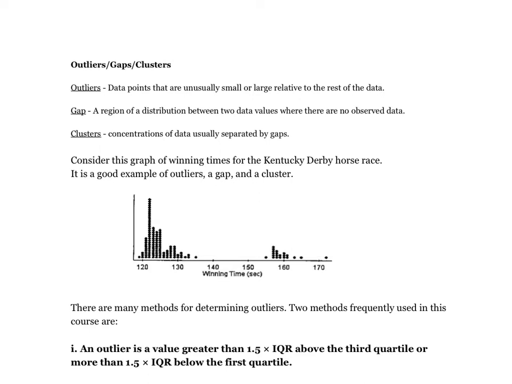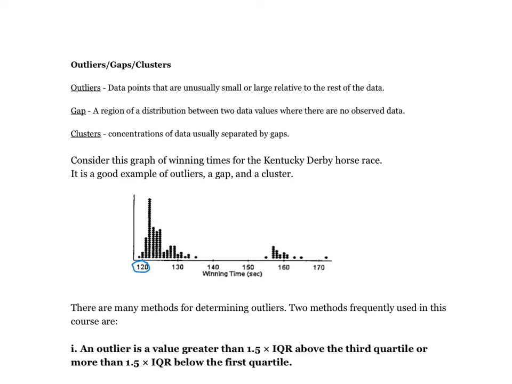So if you look at this graph below, it says, consider this graph of winning times for the Kentucky Derby horse race. Here's a good example of outliers, a gap, and a cluster. These are the winning times of every Kentucky Derby in seconds. Notice a very fast time: someone finished in just under 120 seconds, so just under 2 minutes.